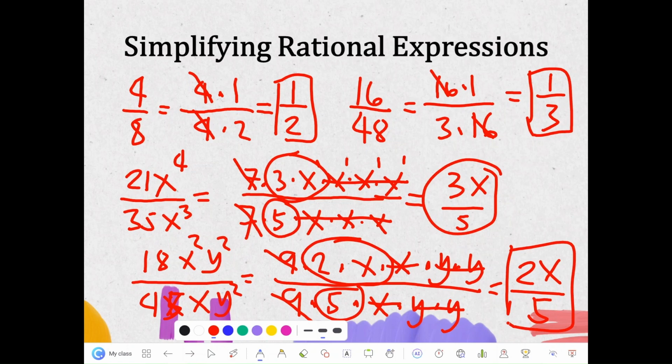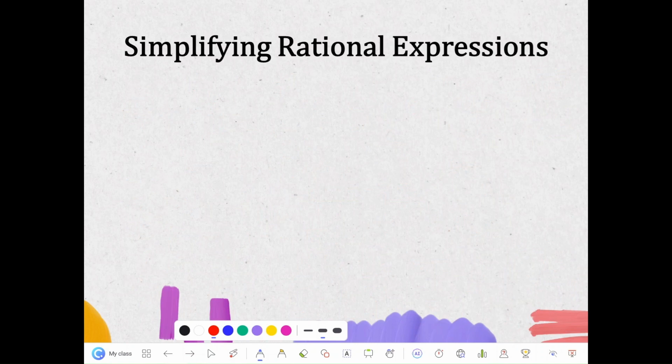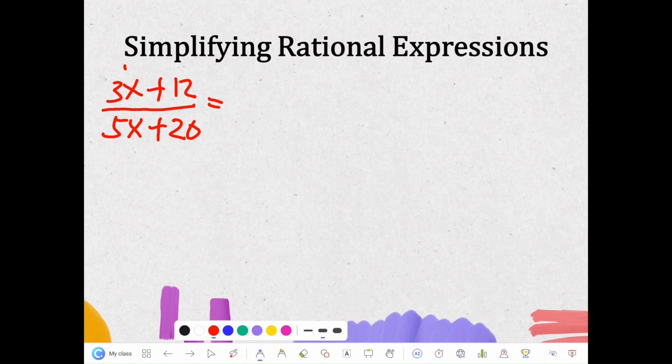Okay? So now, kapag binigyan ka naman, for example, ng 3x plus 12 over 5x plus 20, ang gagawin mo, hanapin mo muna yung common term o greatest common factor ng mga terms sa numerator dito, 3x at 12. Ano ba ang greatest common factor nila?